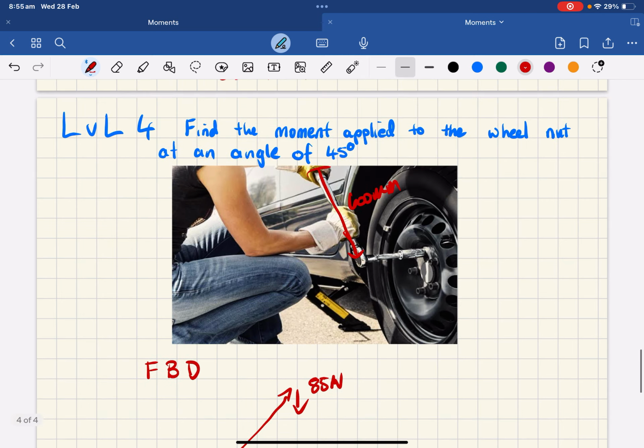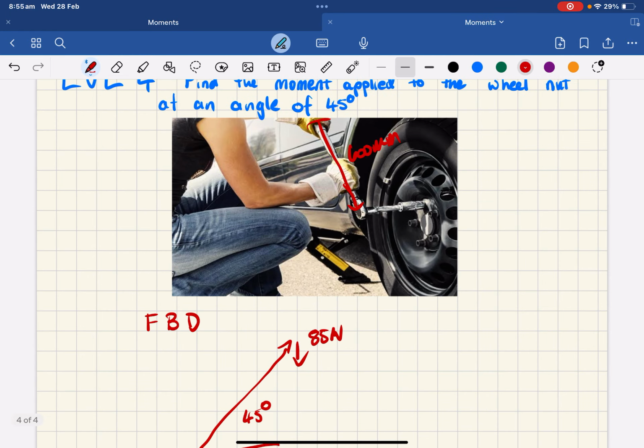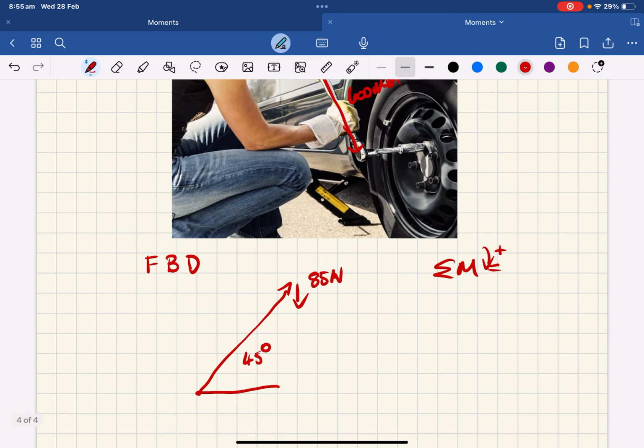So, we're assuming that at this stage it's not moving. So, the sum of the moments, clockwise being positive. We've got this is 600. We need to work out the perpendicular distance. To work out our perpendicular distance, we know that this is 45.